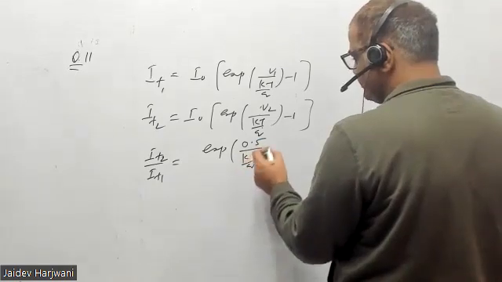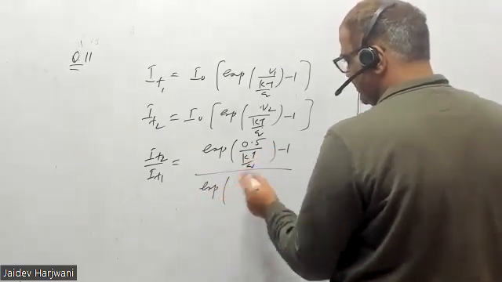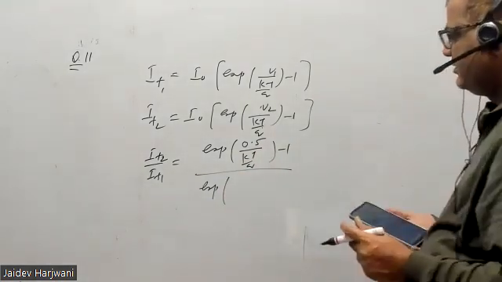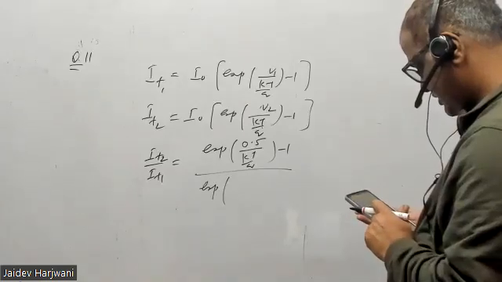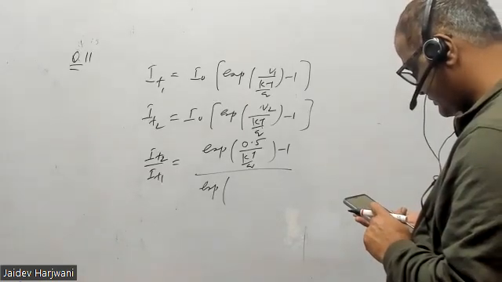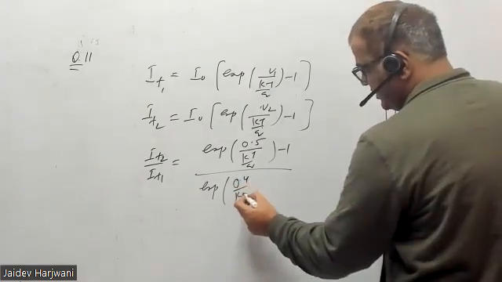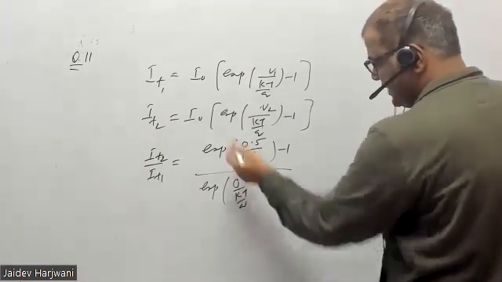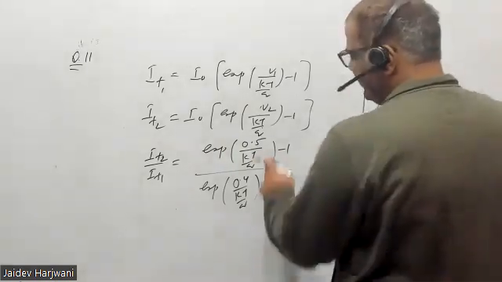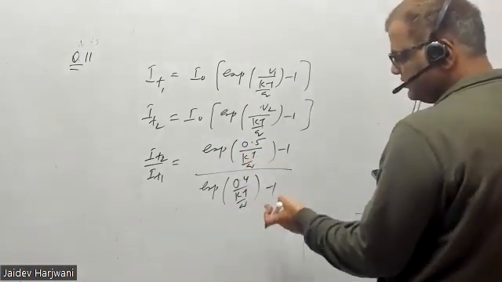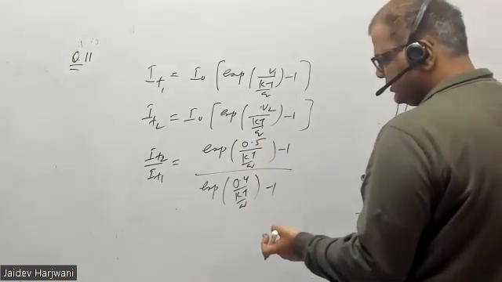KT by q, you solve this one minus 1, and exponential, how much is V1 given? V1 is given 0.4, sir. So 0.4 over KT upon q minus 1. Okay, if you want you can neglect 1, because this will come out in millivolts. This will always come in millivolts, so if you want you can neglect this one also.